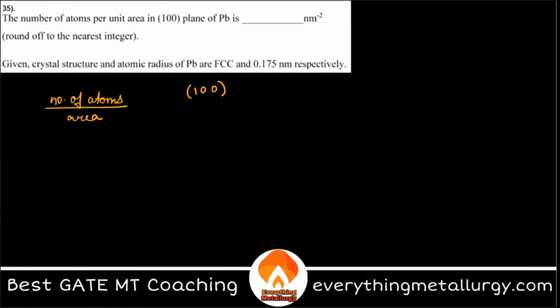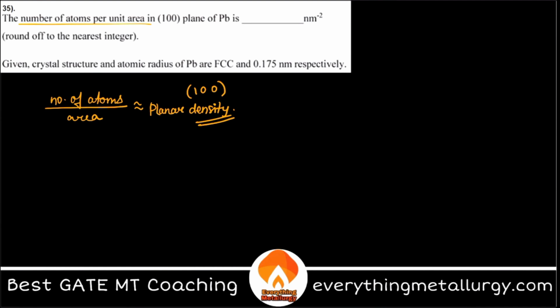So what is this formula actually? Number of atoms per unit area is nothing but my planar density. What is planar density? Planar density is the number of atoms centered on a plane divided by the area of the plane. Instead of asking directly for planar density, they just formulated it in a big sentence.